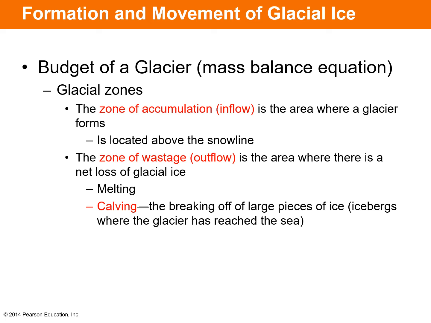And this is due to melting of the ice, and also a process known as calving, where large pieces of ice break off of the glacier, forming icebergs where the glacier has reached the sea. And this also happens at ice shelves, obviously, where you have these calving events.